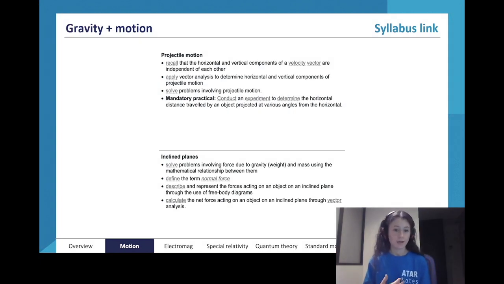So now we're getting onto the applications of why we're going to use vectors. The first one is in projectile motion, and the second is with inclined planes.